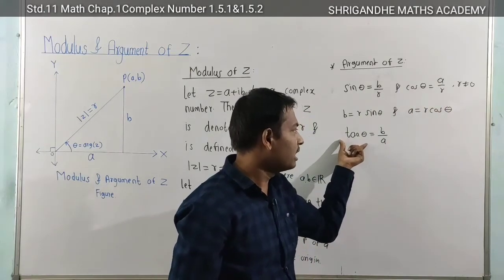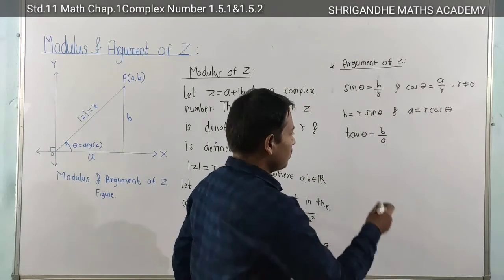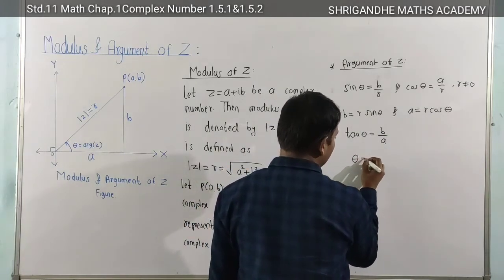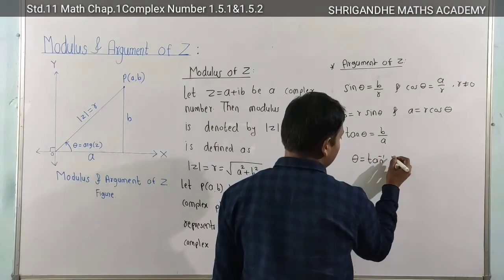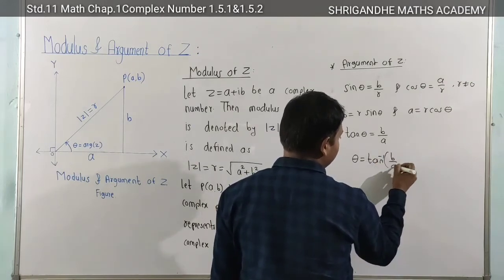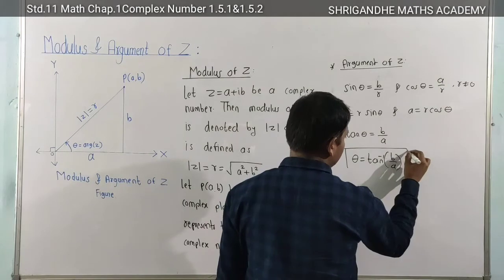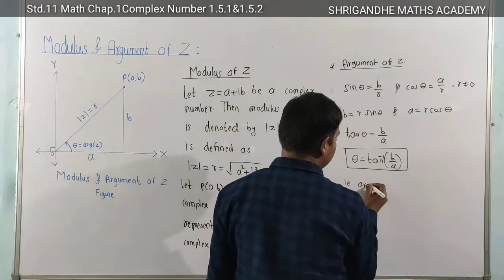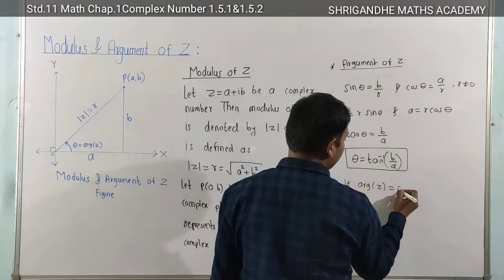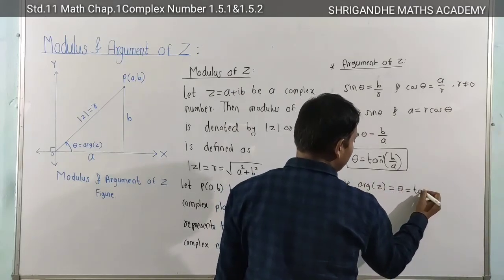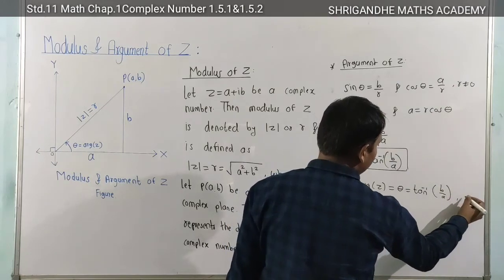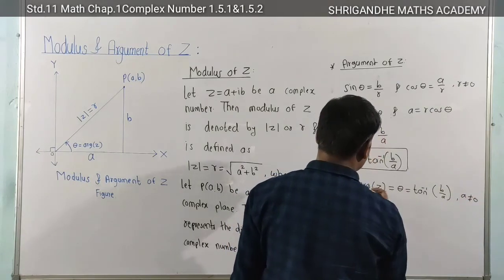Therefore we get tan theta is equal to b upon a, so theta is equal to tan inverse of b upon a. That is, argument of z is equal to theta is equal to tan inverse of b upon a, where a is not equal to 0.